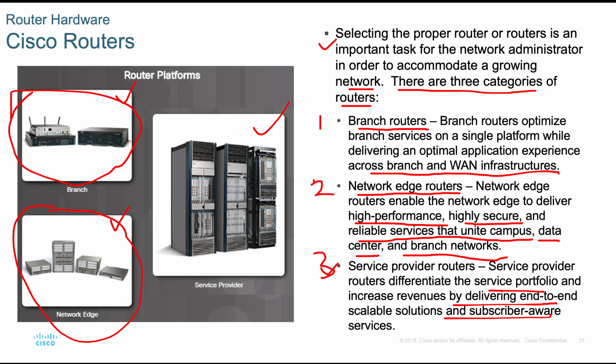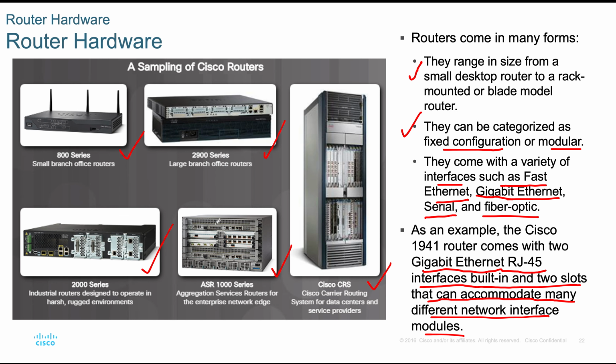These routers differentiate the service portfolio, because they are providing services to various offices, various networks, various infrastructure. So the router will be huge, and they should be able to differentiate the service portfolio and increase the revenues by delivering end-to-end service or scalable solutions and subscriber-aware services to the users.